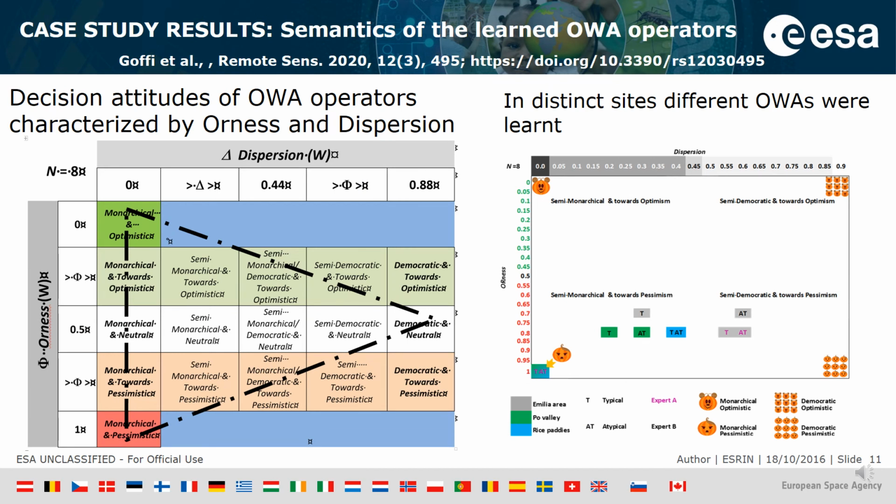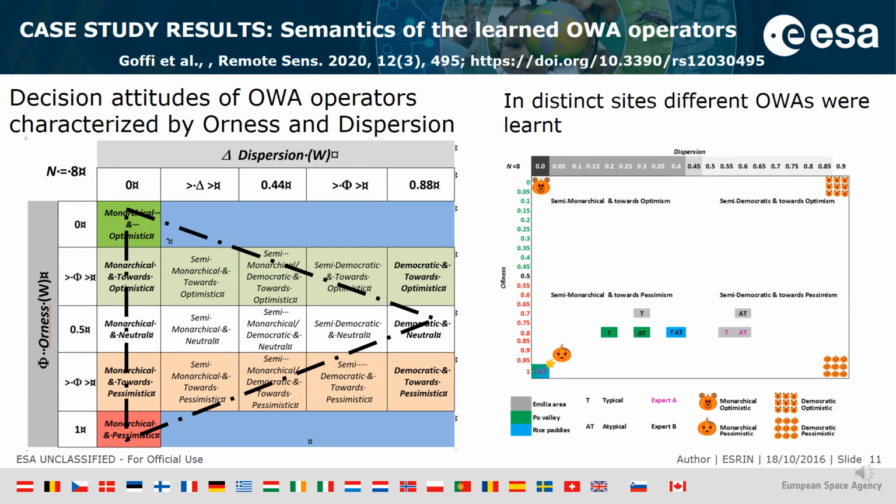A further result is that we can represent the semantics of the ordered weighted averaging operator that has been learned in each area. For example, in the space of dispersion and orness, on the right, you can see in the small rectangles that, for the Emilia area, we learned OWA operators which have a more democratic and less pessimistic semantic than in the other areas.